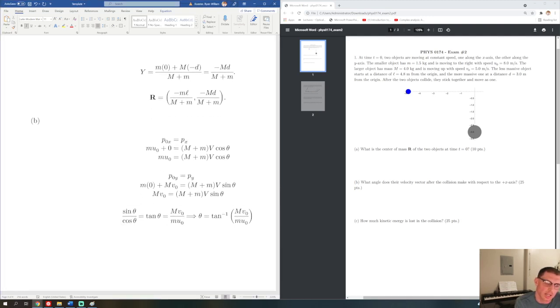Well, look, I divided this by this, so the big M plus little m term cancels, and the big V term cancels, and we're just left with sine of theta over cosine of theta, which of course is tangent theta, and that makes this nice to solve for with a numerical result. You should have found about 58, 59 degrees. Yeah, no, you're good. So that's that.